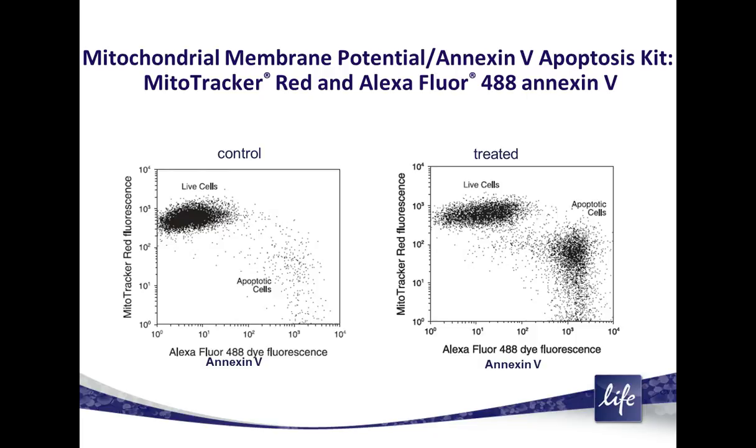Here's another example of apoptotic cells, this time using Alexa Fluor 488 annexin V along with the MitoTracker Red. And you can see with the treated cells, there is a decrease of fluorescence in the MitoTracker Red.